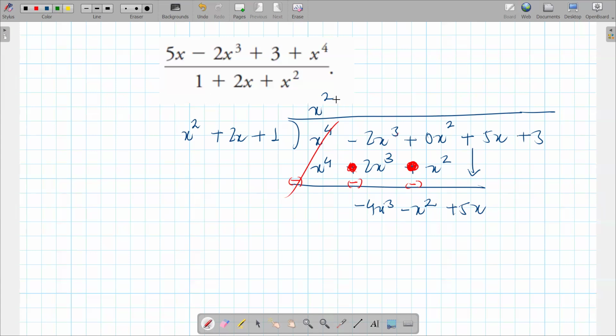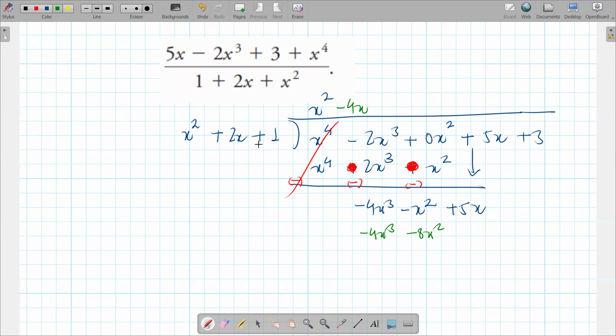What goes up here? Negative 4x is perfect. So it's going to be negative 4x, and then negative 4x times x squared is negative 4x^3. Negative 4x times negative 2x is plus 8x squared.